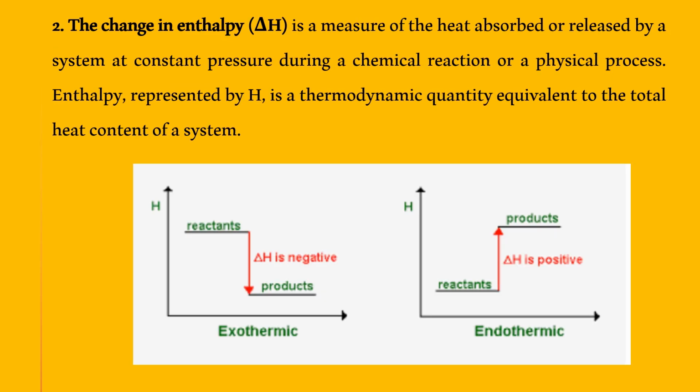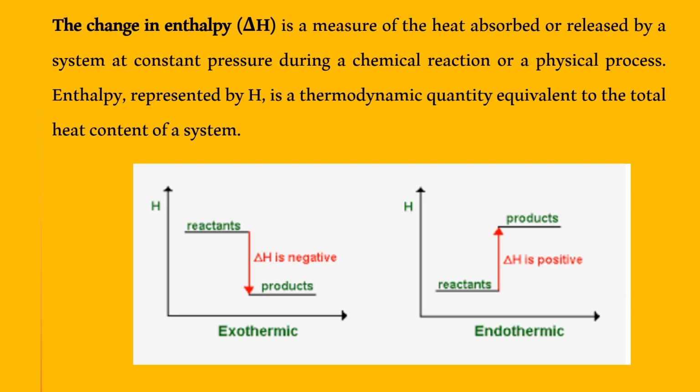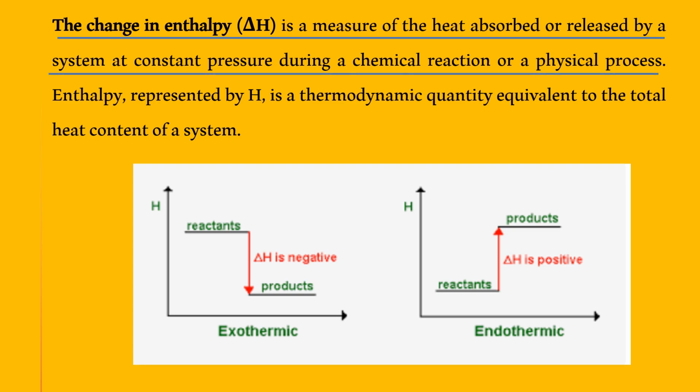The second concept that is closely associated with thermochemical equation is the change in enthalpy. It is a measure of the heat absorbed or released by a system at constant pressure during a chemical reaction or a physical process.